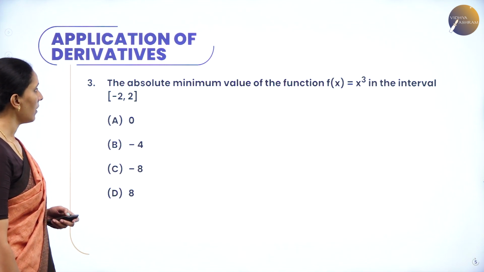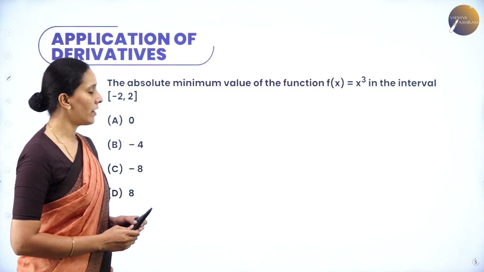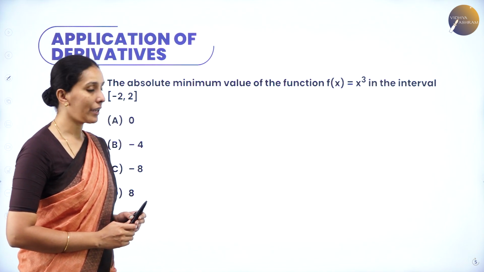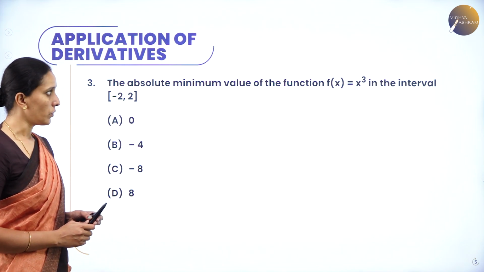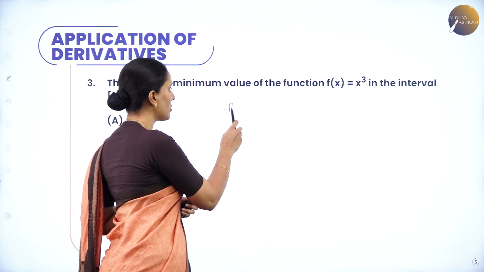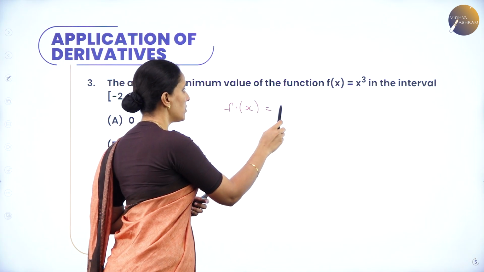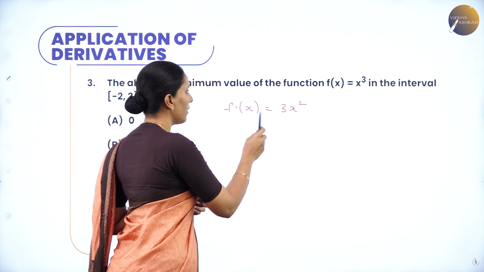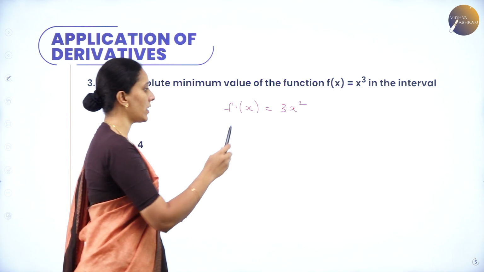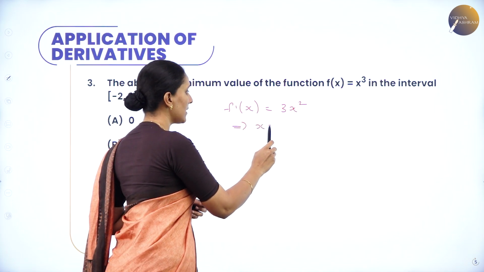Next. The absolute minimum value of the function f of x is equal to x cube in the interval [-2, 2]. First let us find out f dash of x and its critical point. So we have 3x square. If I put f dash of x is equal to 0, then this implies x is equal to 0.